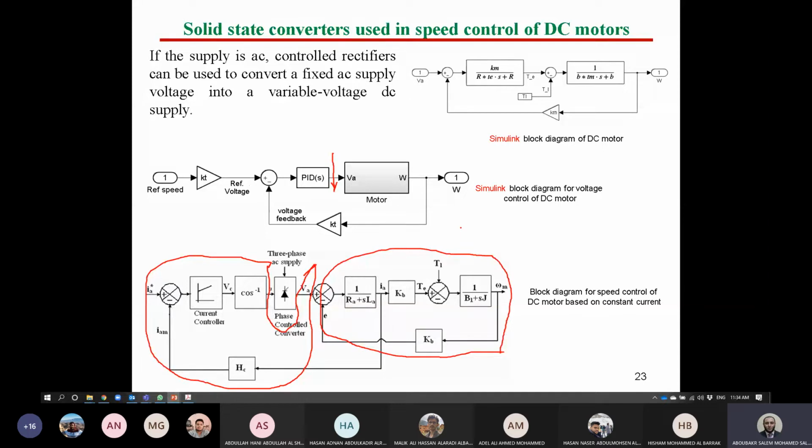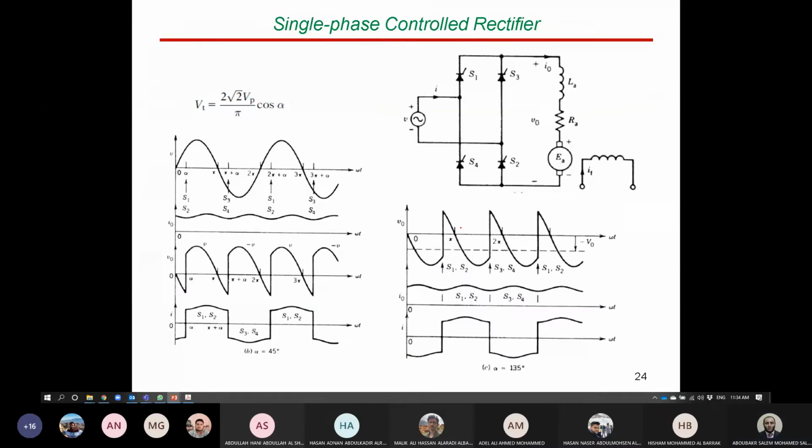So let's go into more detail in the power electronic converter. This is one of the circuits used in power electronic converters for high power applications.